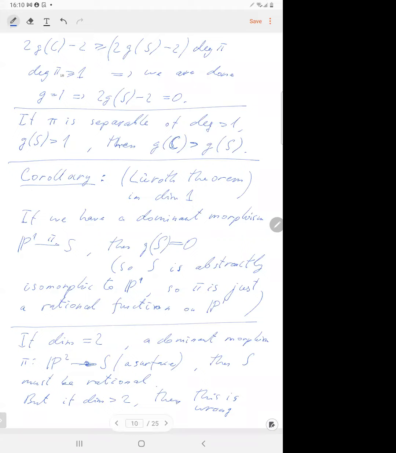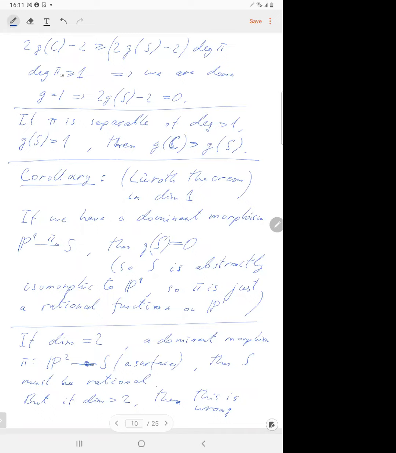So this Lüroth theorem does not generalize to higher dimensions, but it is very, very deep. The counterexamples are very involved. At our present level, there is absolutely no hope to construct a counterexample. Okay, so that's it for today.